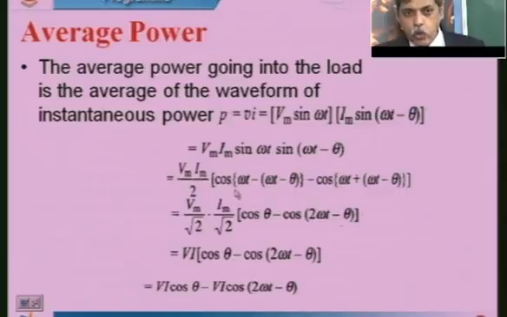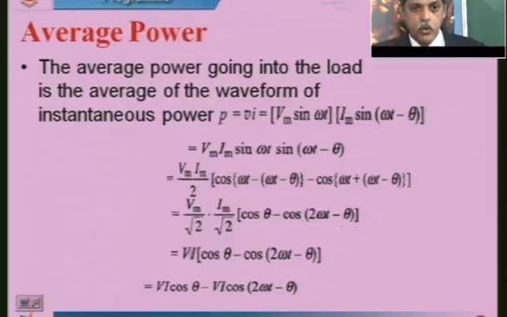So that will give you cos of (omega t minus omega t plus theta), which comes down to cos theta, and the second term will give you cos of (omega t plus omega t minus theta). It gives us cos(2 omega t minus theta). So when I simplify this, I will be getting VI. These are the two RMS values of voltage and current, because this 2 can be written as root 2 multiplied by root 2.